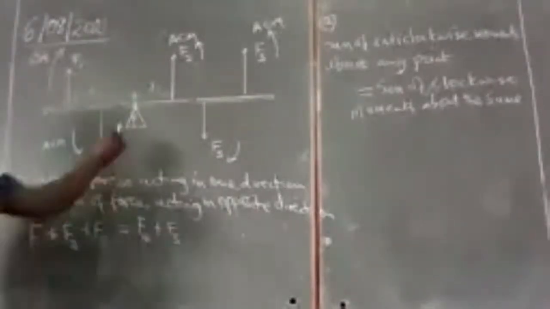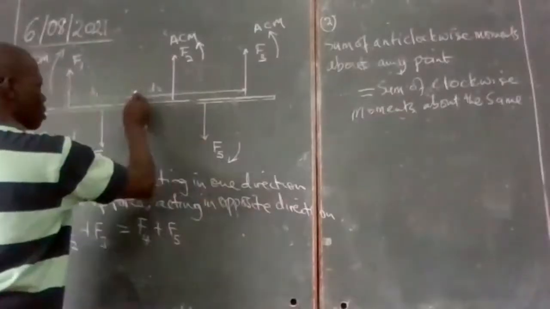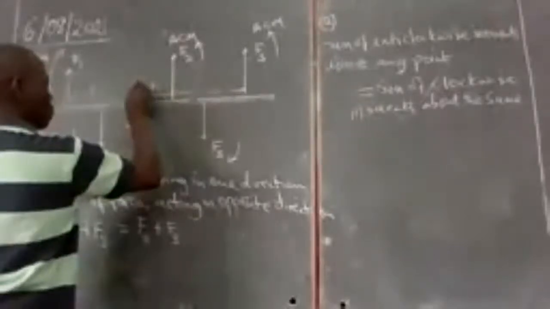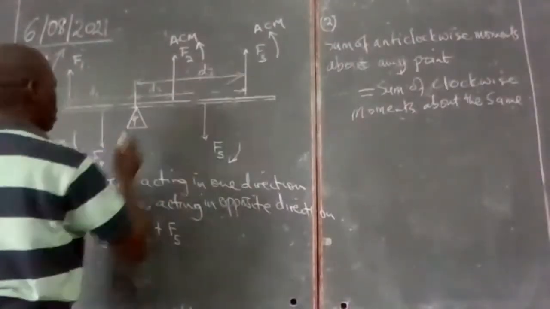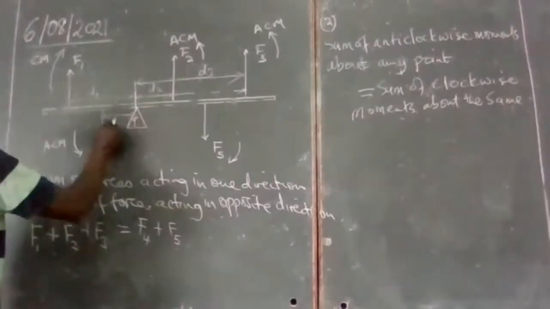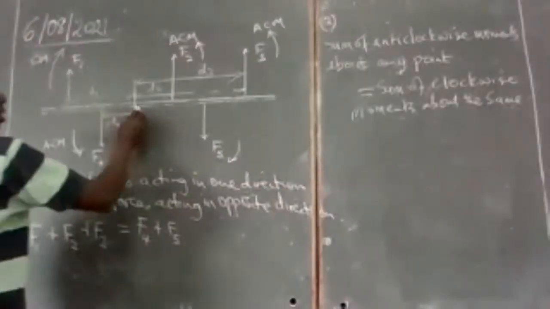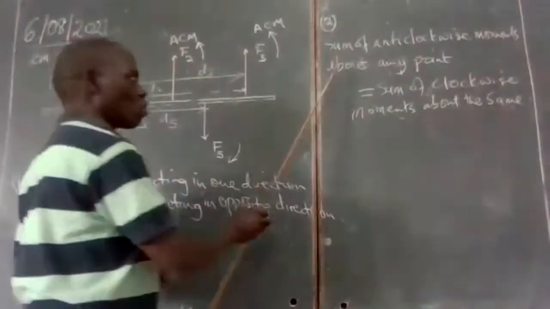For F3 we measure this distance to be D3, the whole of this distance, from here up to there. That is D3. For F4, we call that distance D4. And this distance, we call it D5.